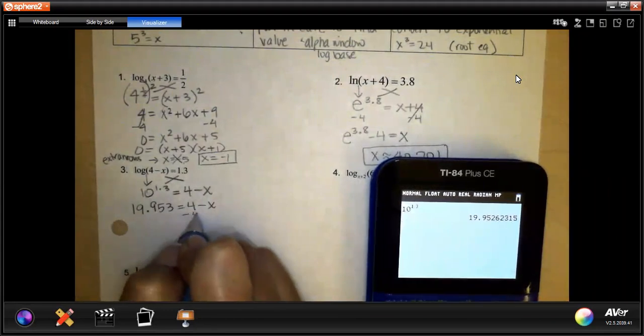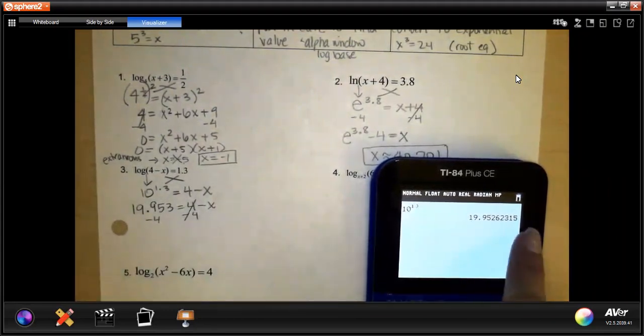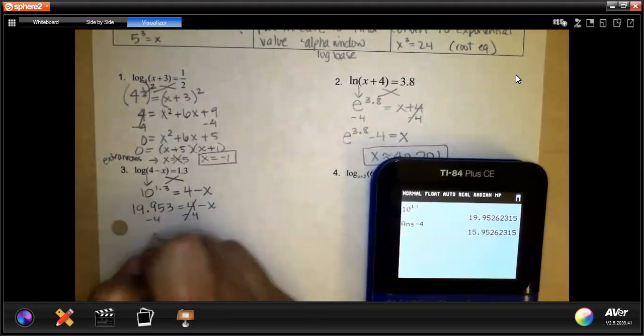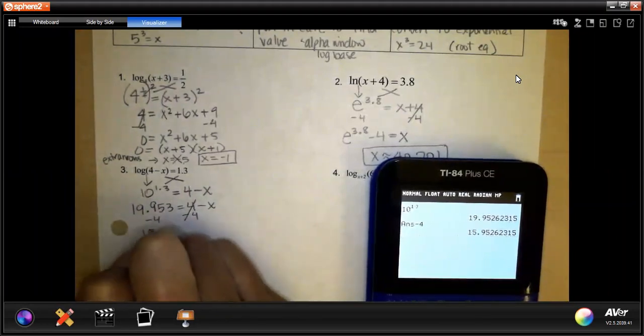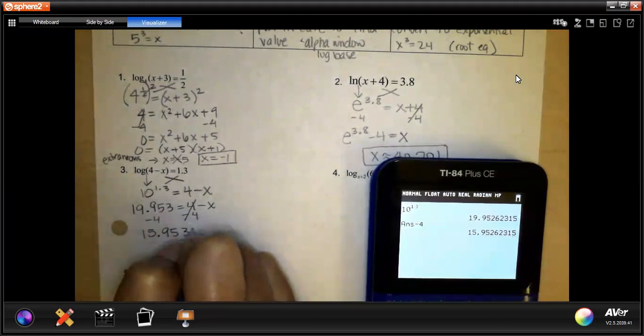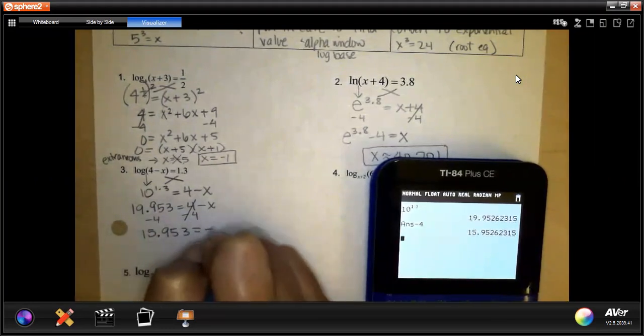Now we subtract the 4. The best way to do that is to use the entire value. Do not round until the very end. So I would just hit minus 4 there. And so we get 15.953 is equal to negative x.